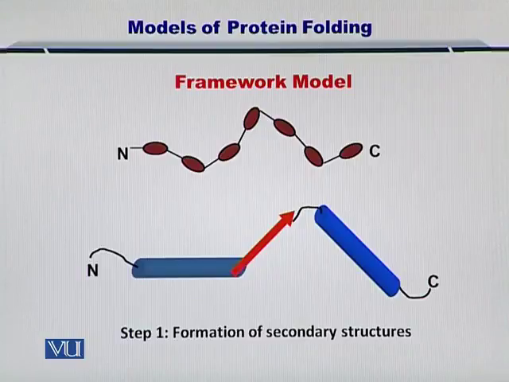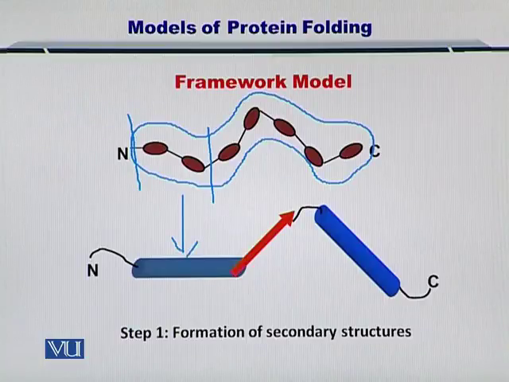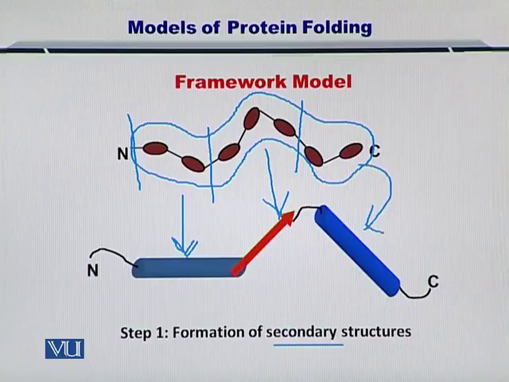In the framework model of protein folding, your amino acid sequence first forms secondary structures such as the alpha helices and beta sheets. We're going to study each one of them in detail later, but for now, just assume that these different portions in the amino acid sequence form multiple secondary structures as shown here.